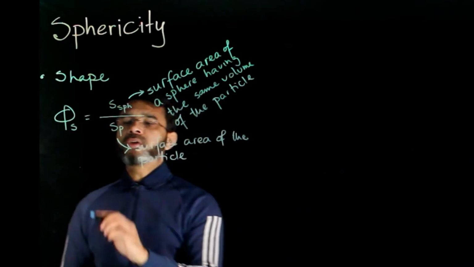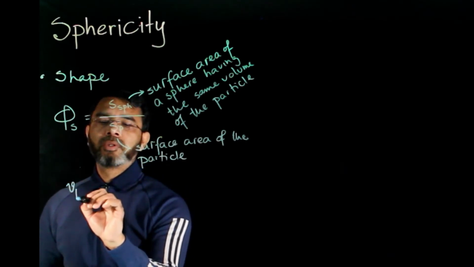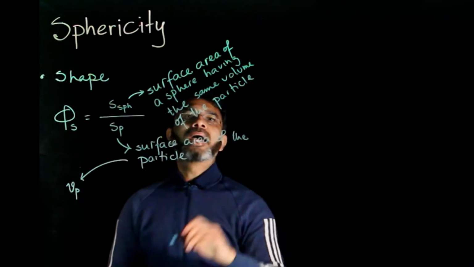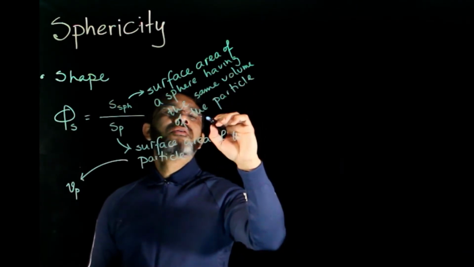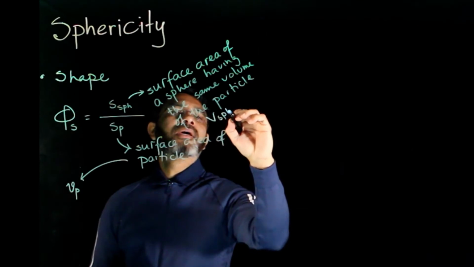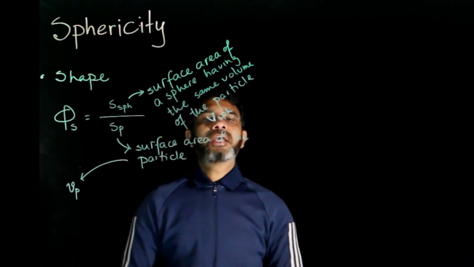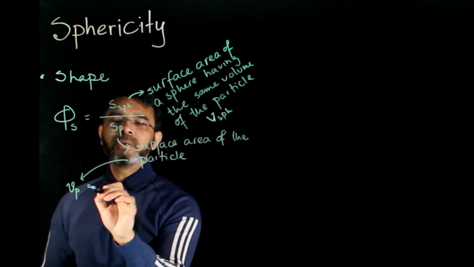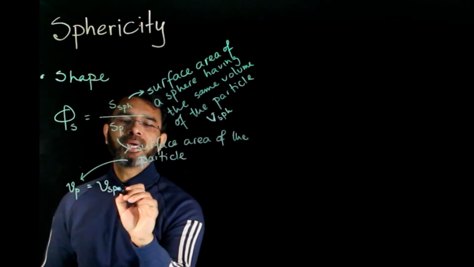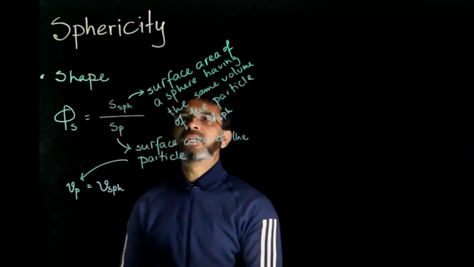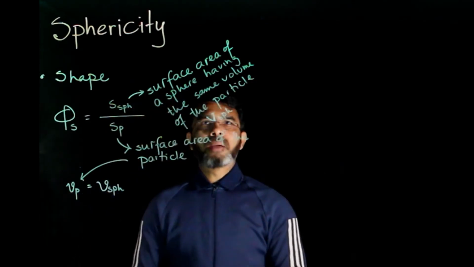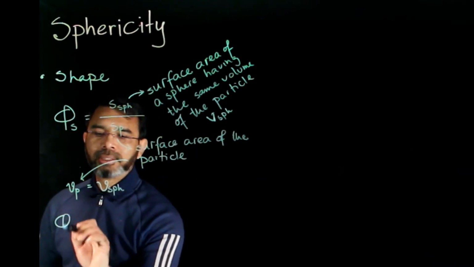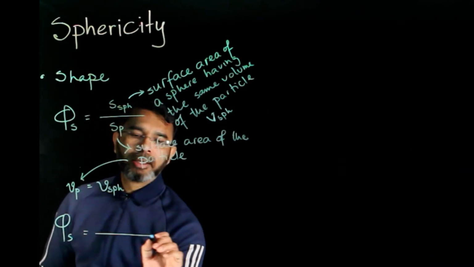Now, if we consider Vp to be the volume of the particle and Vsph the volume of the sphere, we have Vp equal to Vsph, because by definition Ss is the surface area of a sphere having the same volume as the particle.